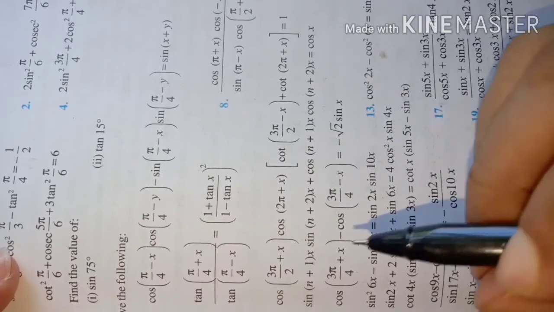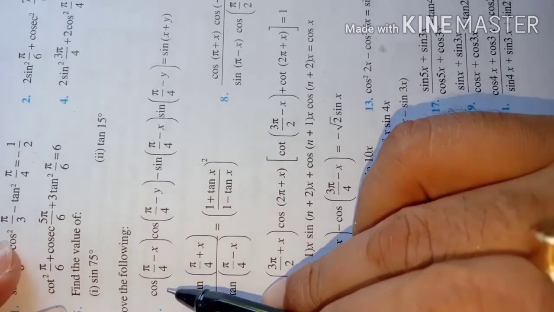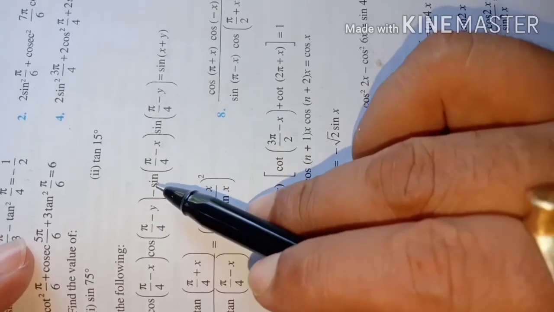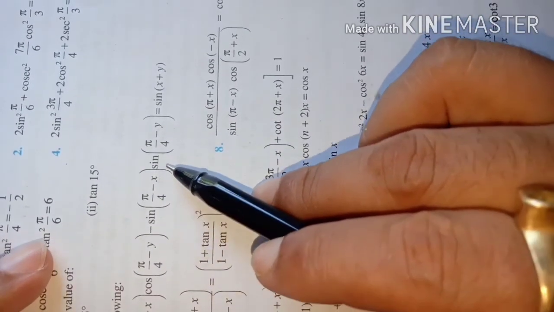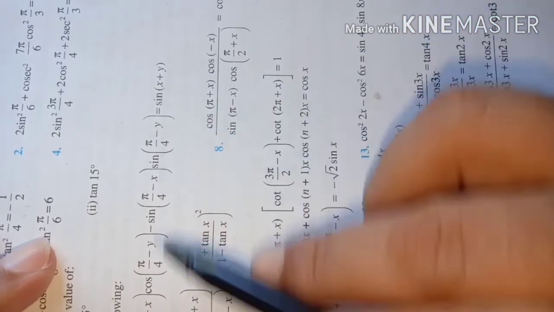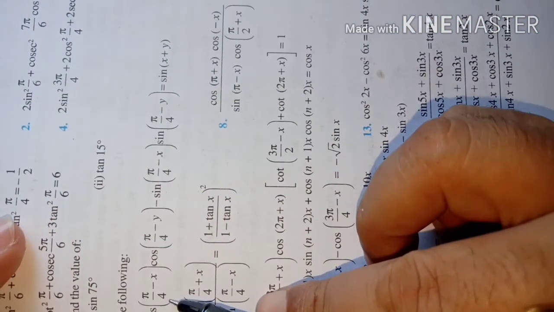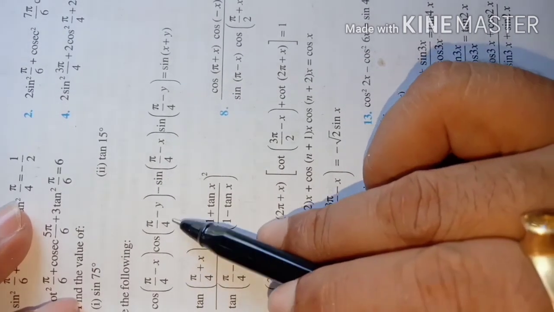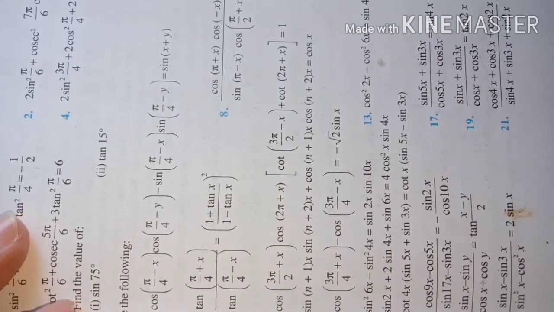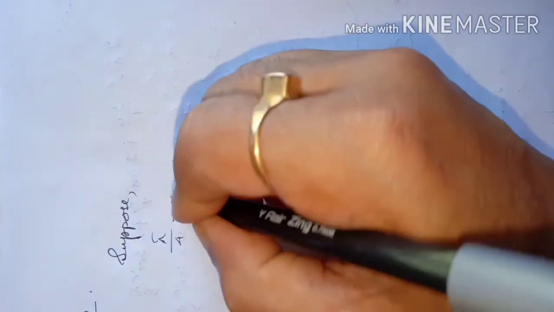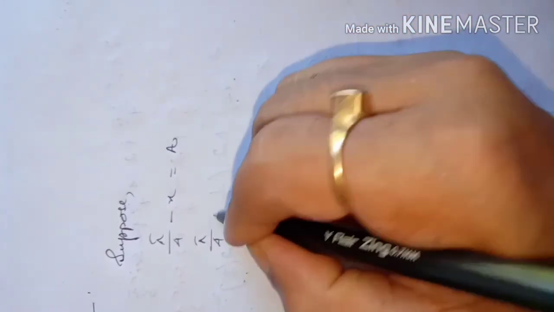Look at question number 6. Cos of pi by 4 minus x into cos of pi by 4 minus y, minus sin of pi by 4 minus x into sin of pi by 4 minus y. We have to show it as sin of x plus y. Think like this. Suppose pi by 4 minus x is a and pi by 4 minus y is b.